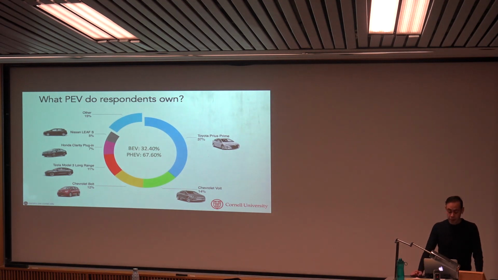This is interesting in terms of market shares and what people own. So these are the EVs, considering hybrids and full electric cars. 32% are fully electric cars that people own in our survey, and then 67% are plug-in hybrids.